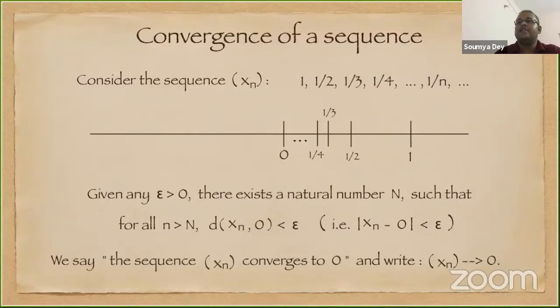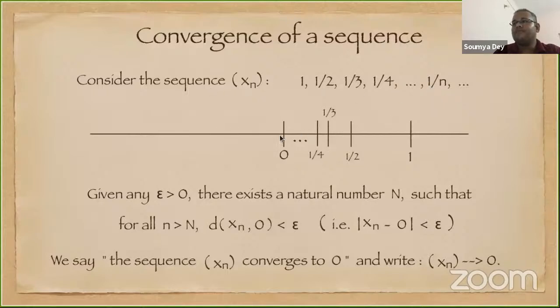Okay, so let's start with the sequence. You all know what is a sequence, right? It's basically a map from the natural numbers to, say, R, or any metric space X. For example, let's consider this real sequence, say 1, 1/2, 1/3, 1/4. The nth term is 1/n.